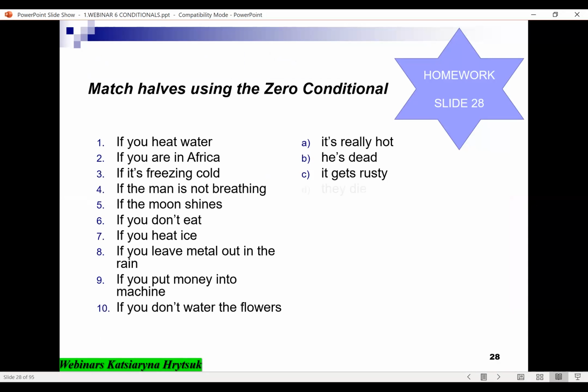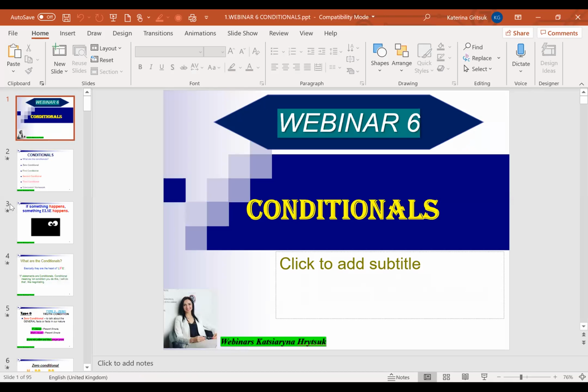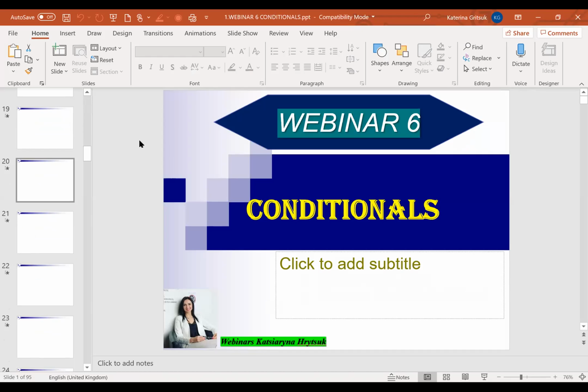We are not going to do it now. It's going to be your homework, and then I will check with you. You see? So if you hit water, you are hungry. So these are the main rules and the main examples which I wanted to show you about type 0.